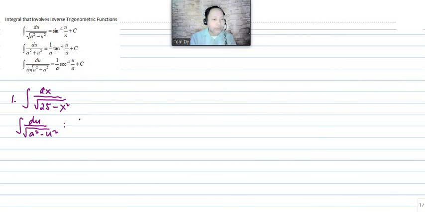So, let u, for this case, equal x, and then du equals dx. This is x squared, so u equals x, and the derivative of u is dx. Since this is also dx, then we can apply this formula.